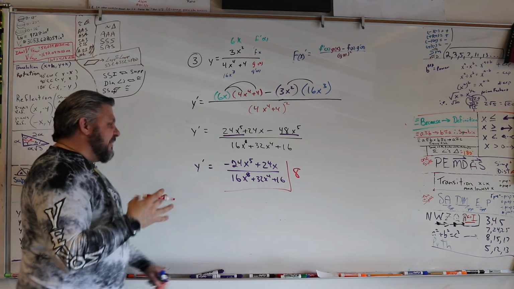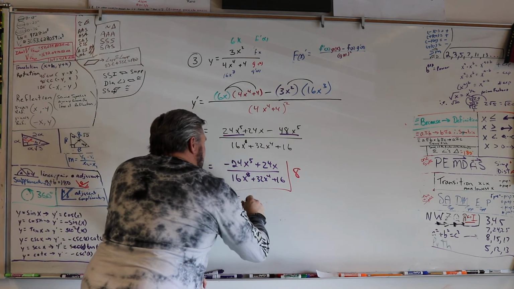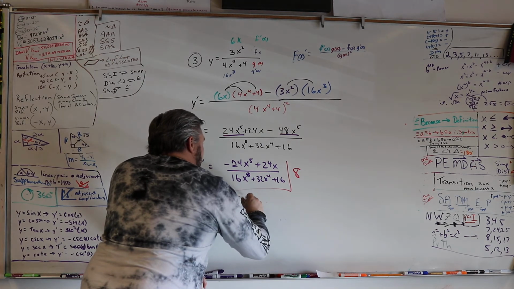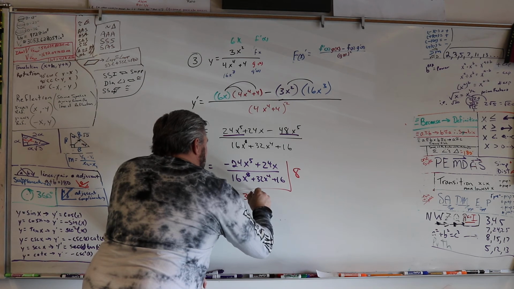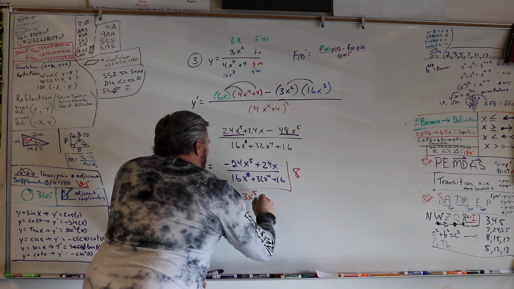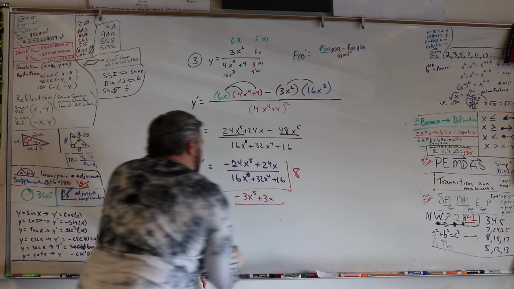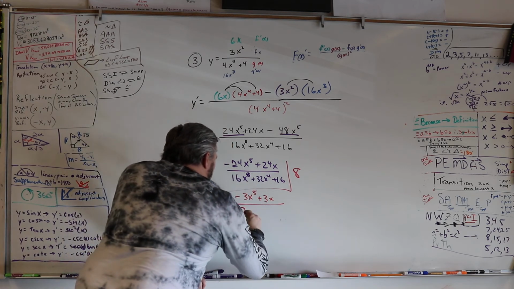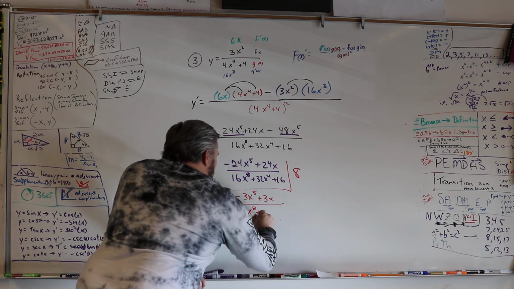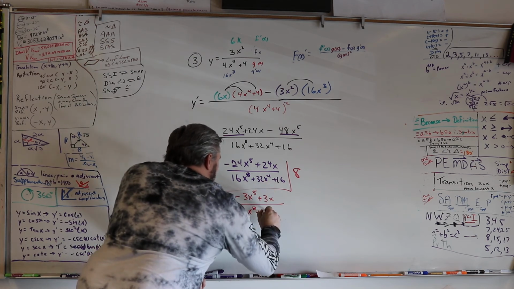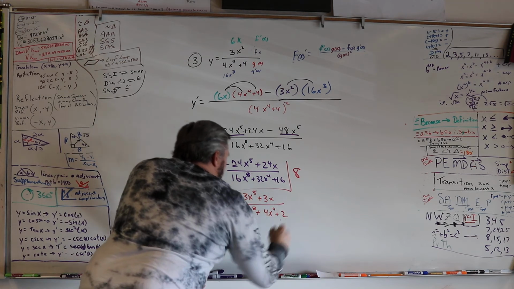And so when I divide everything by 8, what do I get? Negative 3x to the 5th plus 3x, all over 2x to the 8th plus 4x to the 4th plus 2.